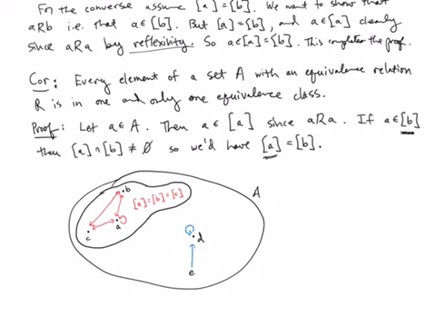So we might have E and F and maybe G. And so therefore there must be arrows between all of these guys.